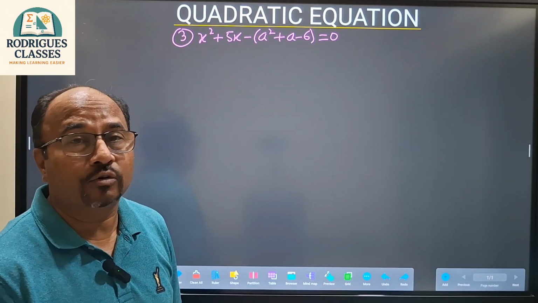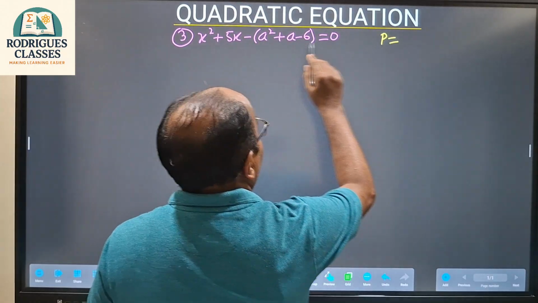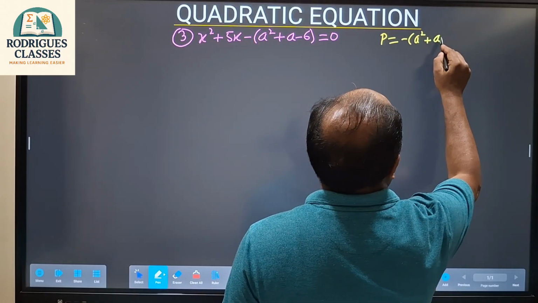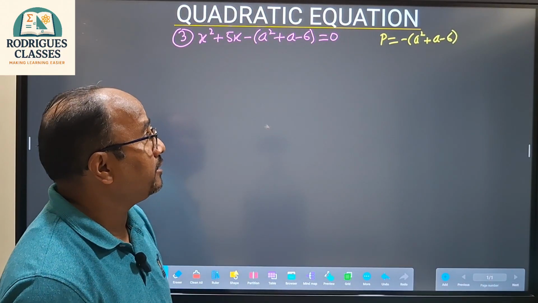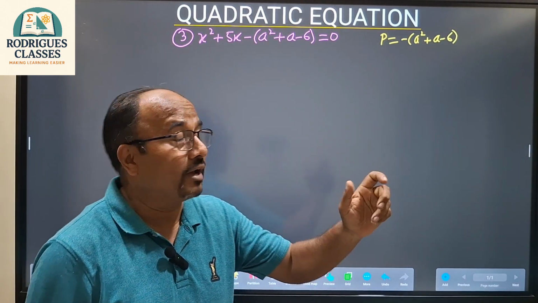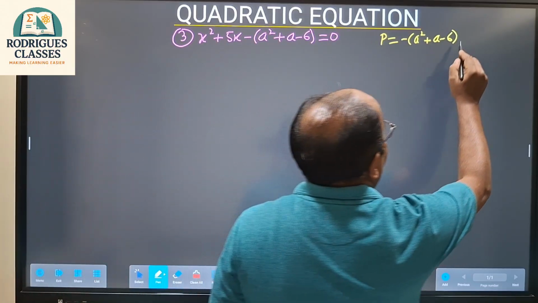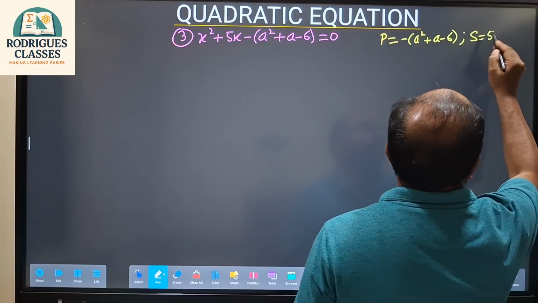So if I take a look here, it means the product needed is minus of a square plus a minus 6. So it means I will be requiring here the splitted up term, the product which I will require will be in terms of a, and my sum required here is a simple term that is 5.